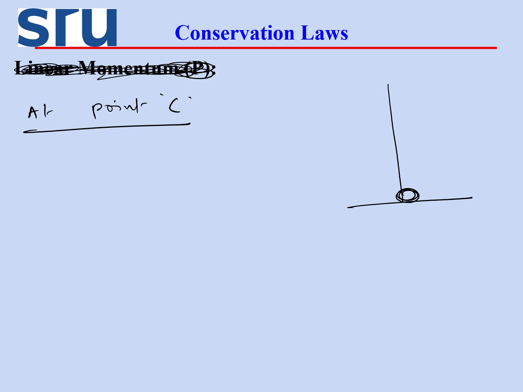So here h equals 0. Okay, so now it has some velocity. The velocity is v. Therefore the kinetic energy is equal to half mv square.